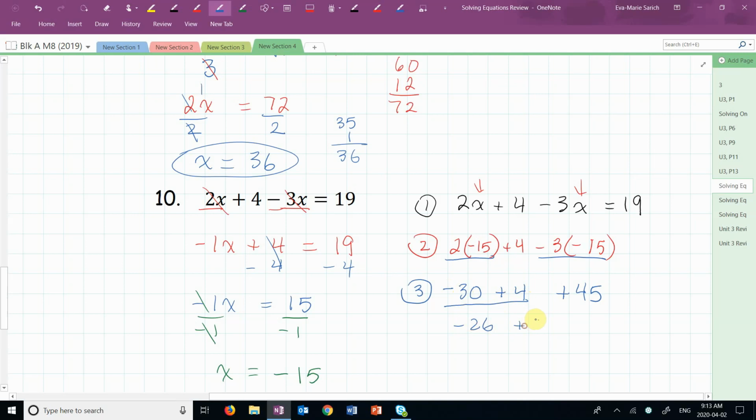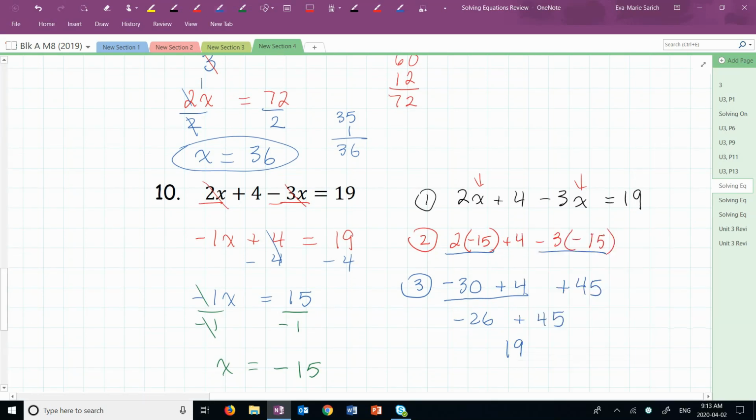And then we've still got an add 45 here. So 26 cold and 45 hot. It's going to warm up the 45. When we subtract those numbers, we end up with 19. And comparing that to the right side, 19 on the left equals our 19 on the right. And we know it's correct.